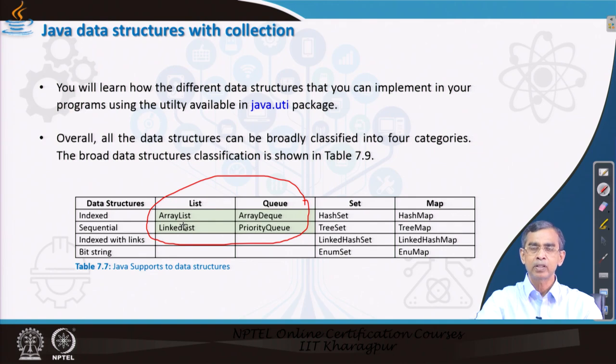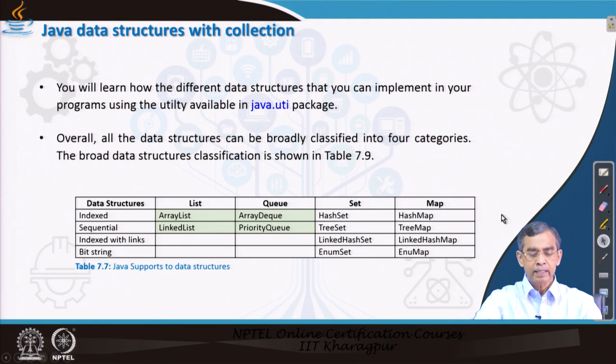Their methods and everything are defined according to the declarations that we have learned so far as far as the interfaces are concerned. For example, LinkedList implements all the methods in the interface Queue or interface List. These are the different classes that we will discuss in detail when a particular data structure is discussed.